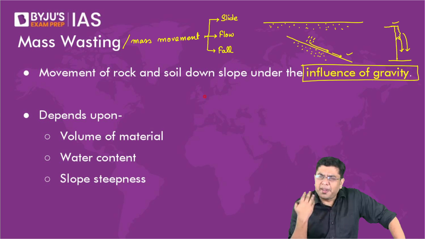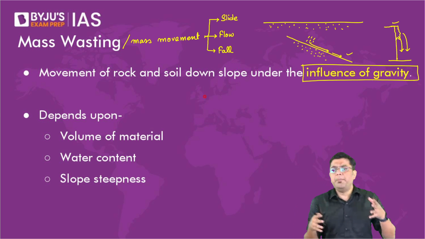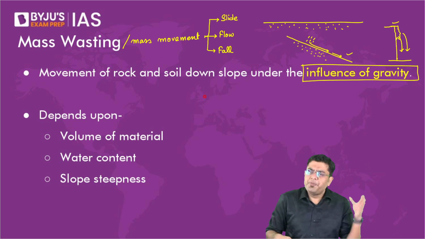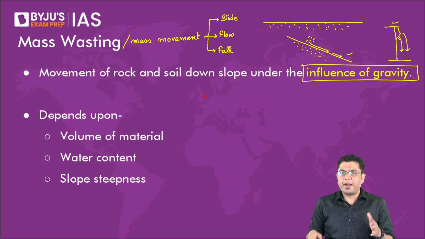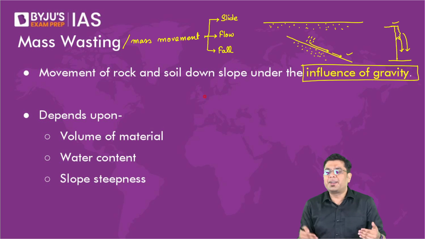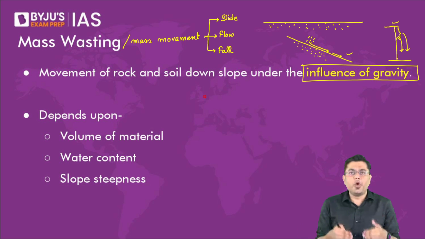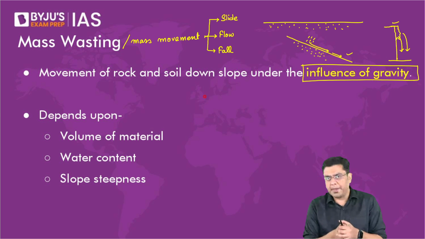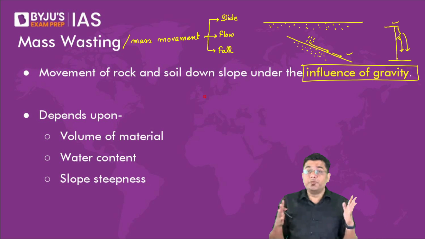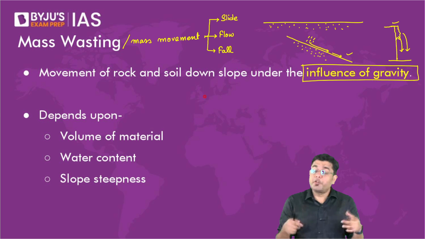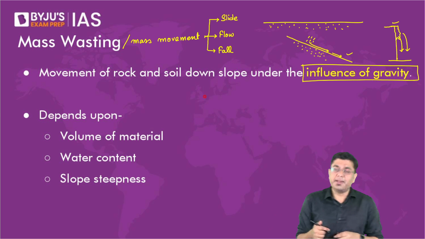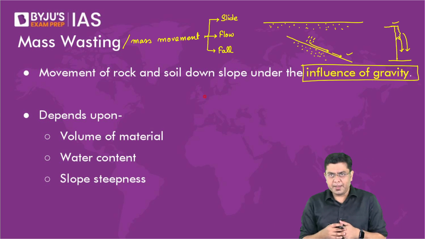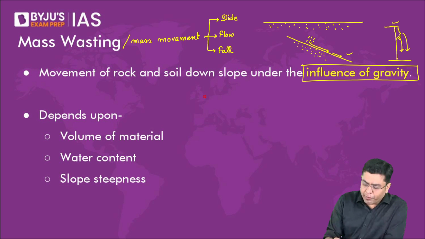So that is basically the categorization depending upon the controlling factors, or the contribution of the various contributing factors. So what are the contributing factors which determine what kind of mass movement will happen, or whether the mass movement will happen or not, or what will be the speed of the mass movement? Those contributing factors are, first, the volume of material. And when we say volume of material, yes, this will also include creep.